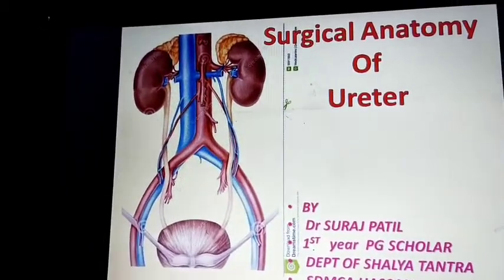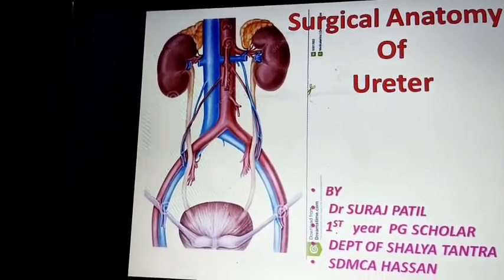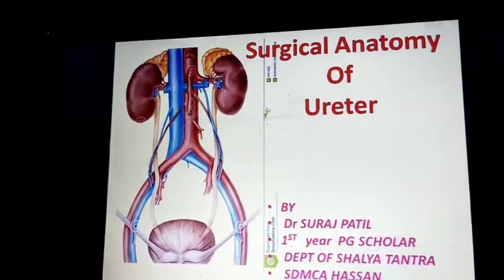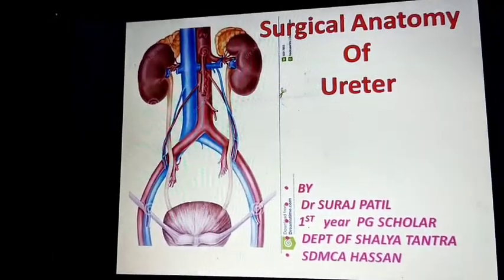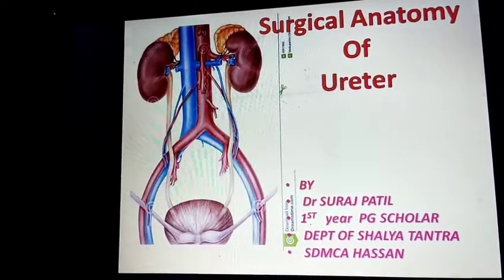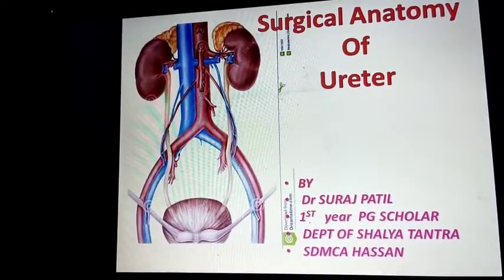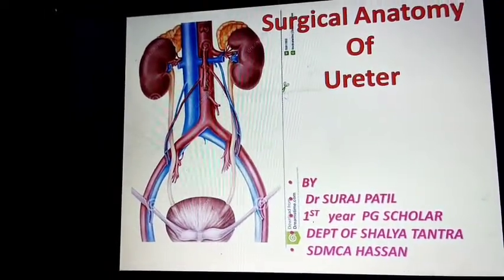It crosses the iliac artery and enters the pelvic brim. Here in the pelvic brim, it goes downwards and follows the sciatic notch to the ischial tuberosity.